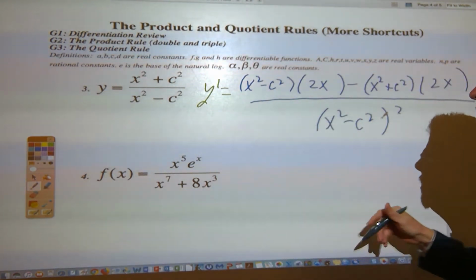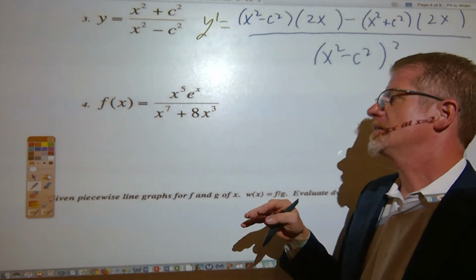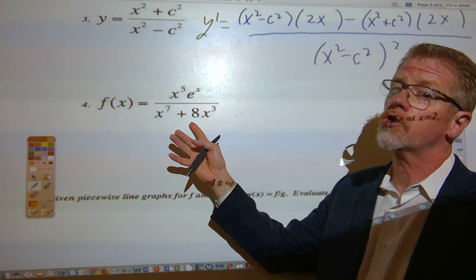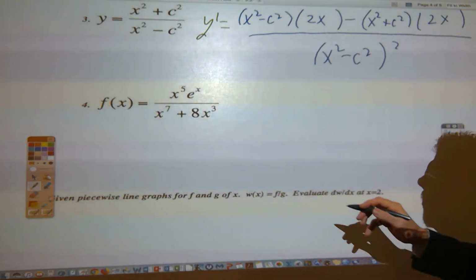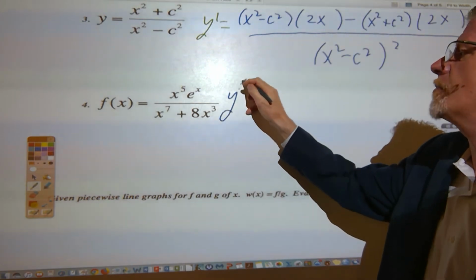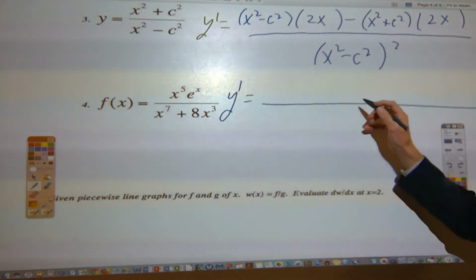All right, so I don't want to go any further with that one. This one, number 4, has a product rule within a quotient rule. So the skeleton for number 4 has many more bones. This is a very elaborate problem. Y prime equals, and you're going to have to write small.